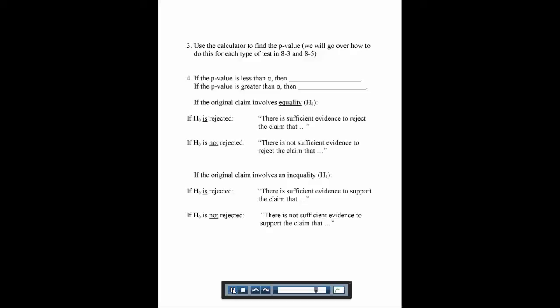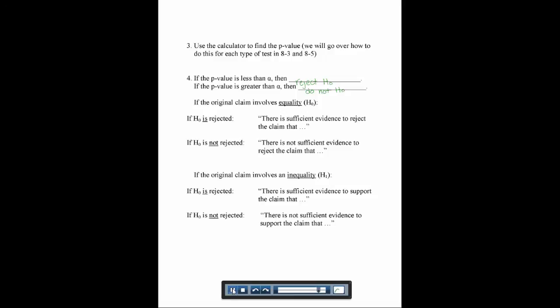So here's how we know what to do. If the p-value is less than alpha, less than your error, then we reject H0. And if it's greater than alpha, we do not reject H0. Remember, we're always testing our null hypothesis.